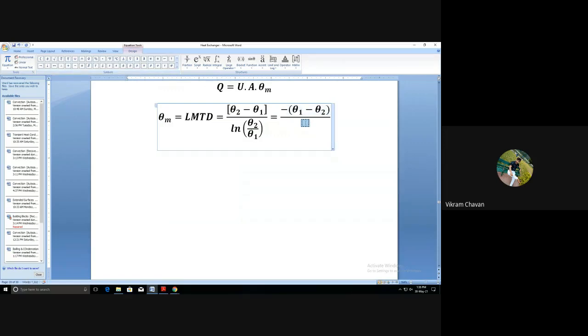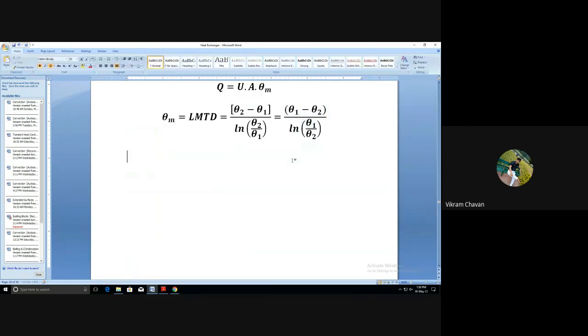And from the denominator, if you take the minus sign common, it will be ln of theta 1 divided by theta 2, and here I have to provide the minus sign. So this minus minus will be a plus sign, because minus on the denominator and minus on the numerator will become a plus.